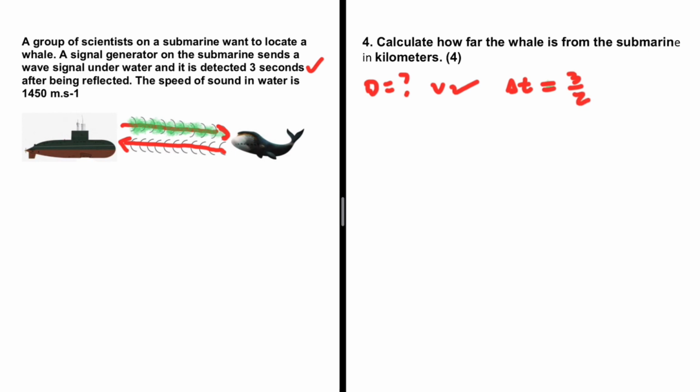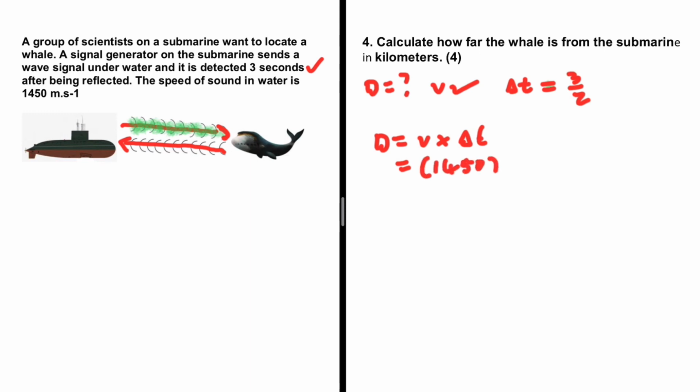This is a situation that is very close to echoes. If you still remember, we did a few examples on echoes where we have to divide the time by 2, and this is one of those examples. So the distance is equal to the speed multiplied by the time. In place of speed, we have 1,450.